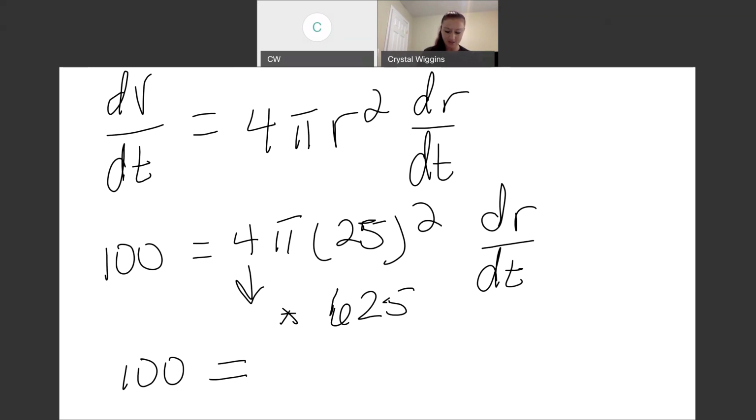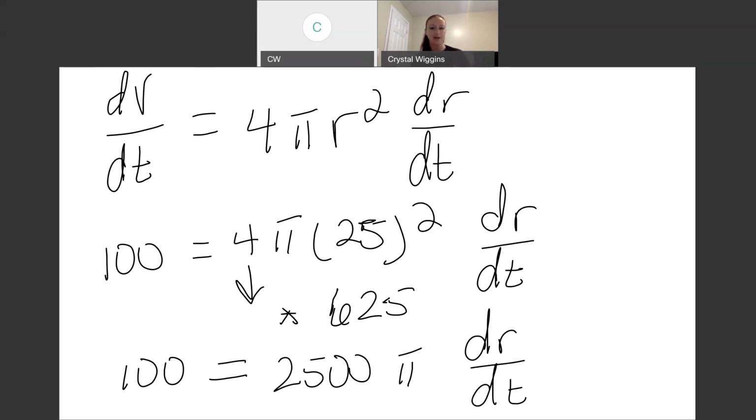So right now we have 100 equals 2,500 pi dr dt. Notice I'm not multiplying by pi because the moment we do that, we are automatically going to be approximate. So I wait until the end to do that. So now we need to divide by 2,500 pi on both sides.